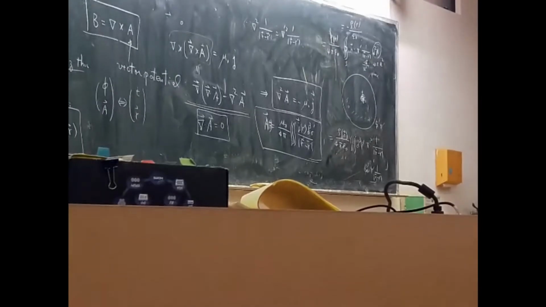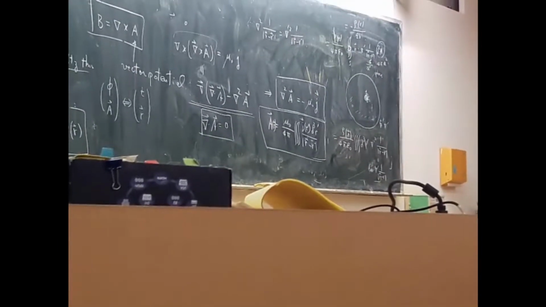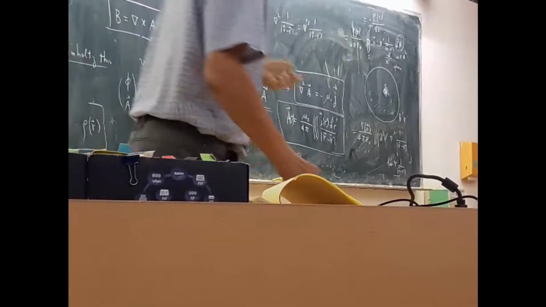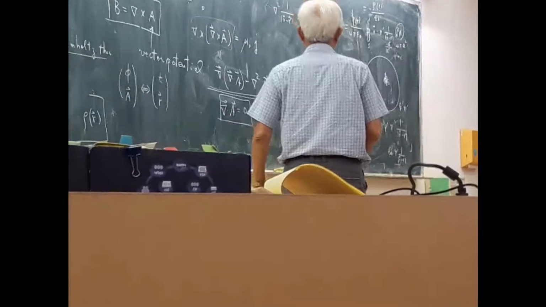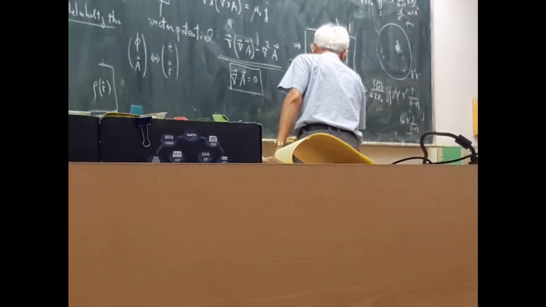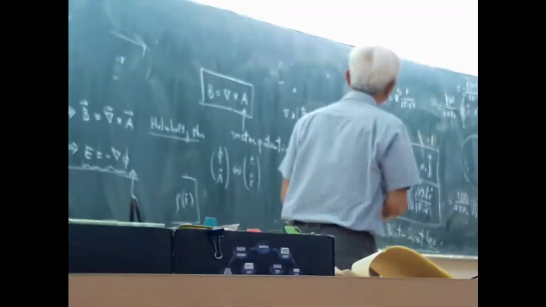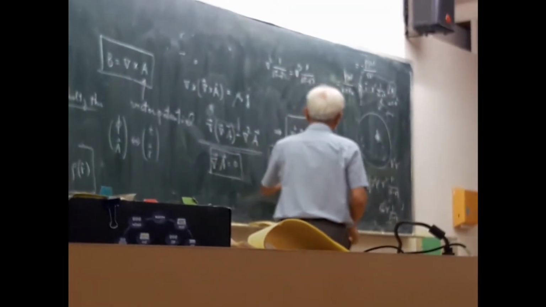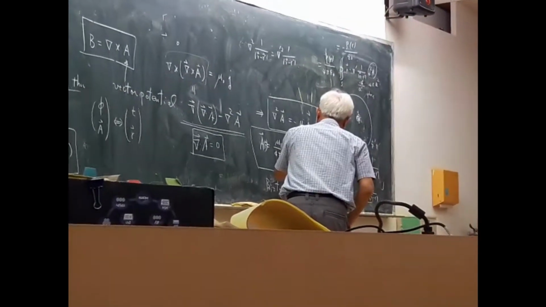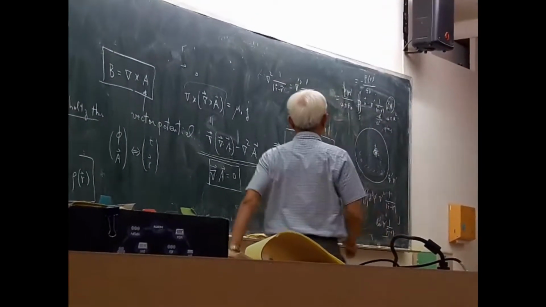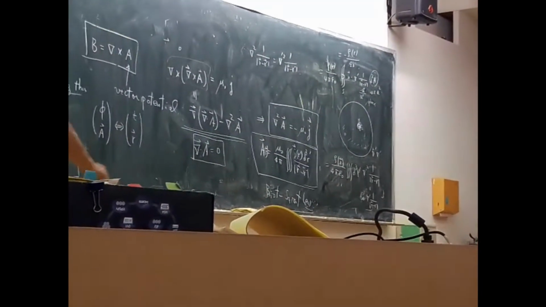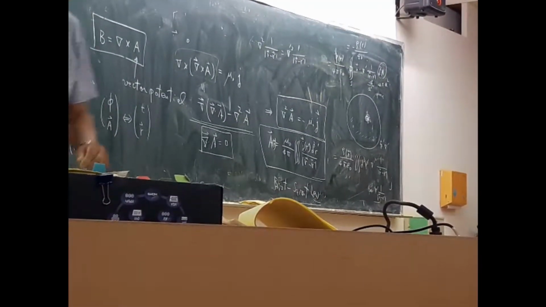Actually, this is completely equivalent to what? To the Biot-Savart law, as you will see. And you can easily show that divergence A is 0, since the divergence of J, the current, is conserved. So that's no problem. So that's the solution.